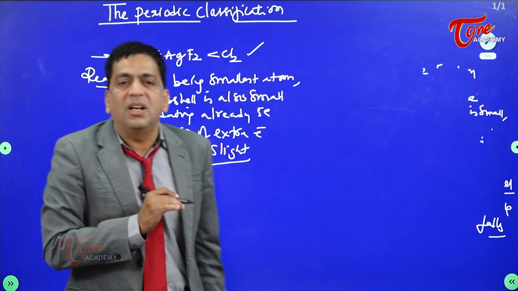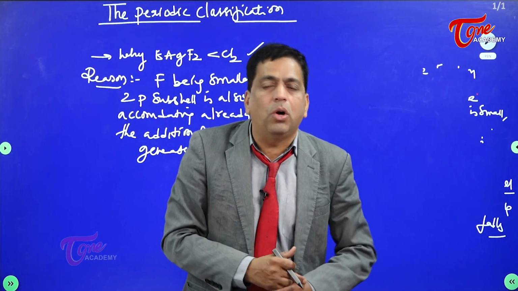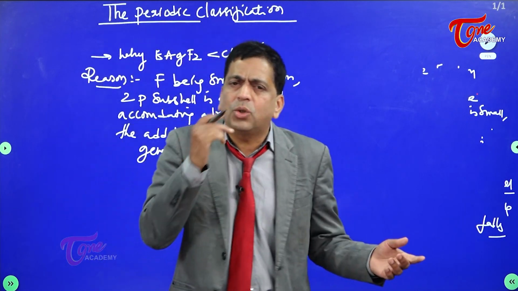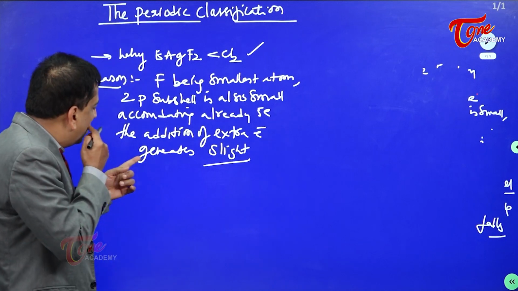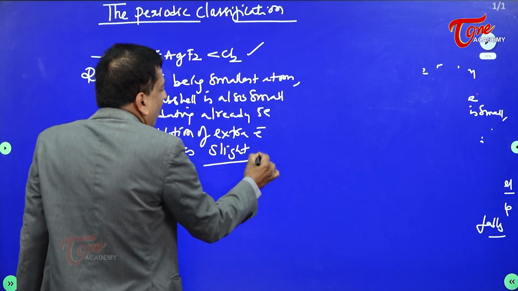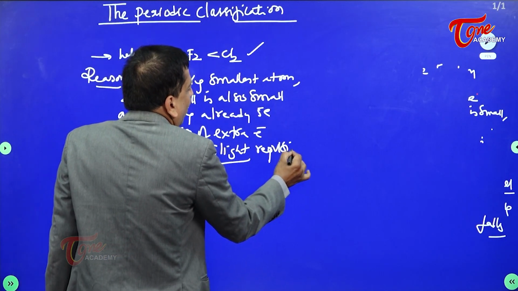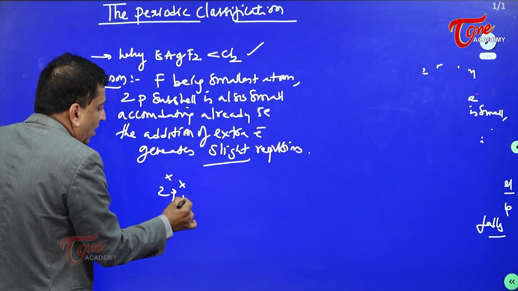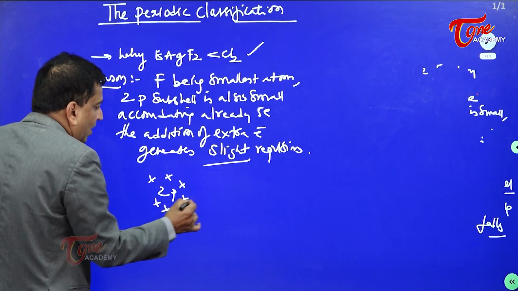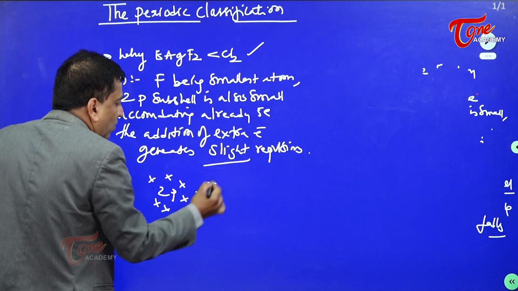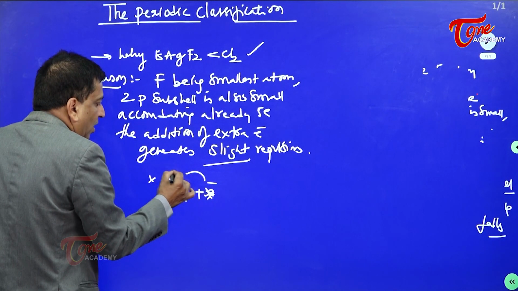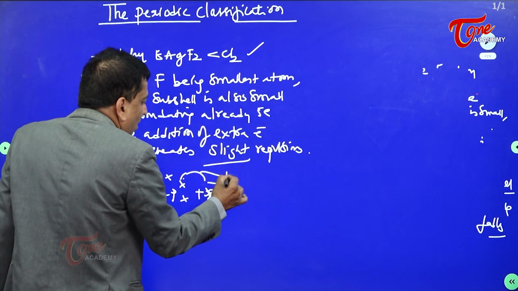repulsions. Don't have a judgmental feeling that fluorine is a bad lover. No. It's not a bad lover. It's a great lover. It slightly generates slight repulsions. Then the 2p, which already has 5 electrons, if you try to add the 6th electron, these are generating what?